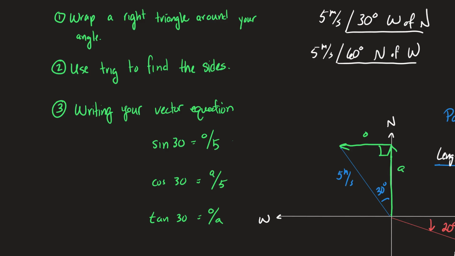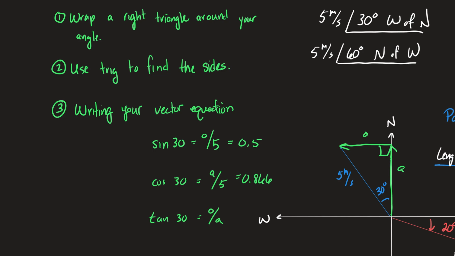The ratio for sine 30 is 0.5, and the ratio for cosine 30 is 0.866. And I don't need tangent because I'll be able to get the opposite and adjacent, both of them, from what I have there. So now I just have to solve for the opposite side and solve for the adjacent side.